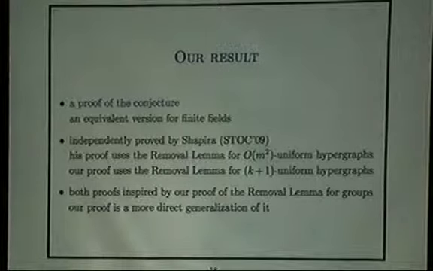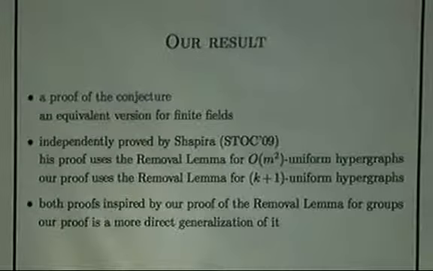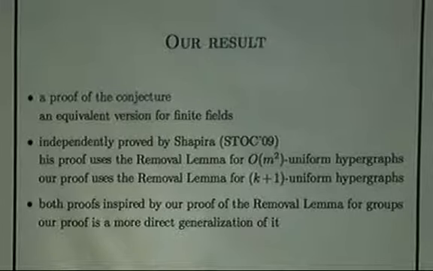So we have given a proof of the conjecture. Actually, we didn't prove the conjecture in the form for integers, but we proved it in the form for finite fields, and by using some standard argument, considering the sums modulo primes which are big enough compared to n, one can easily derive the conjecture of Green.